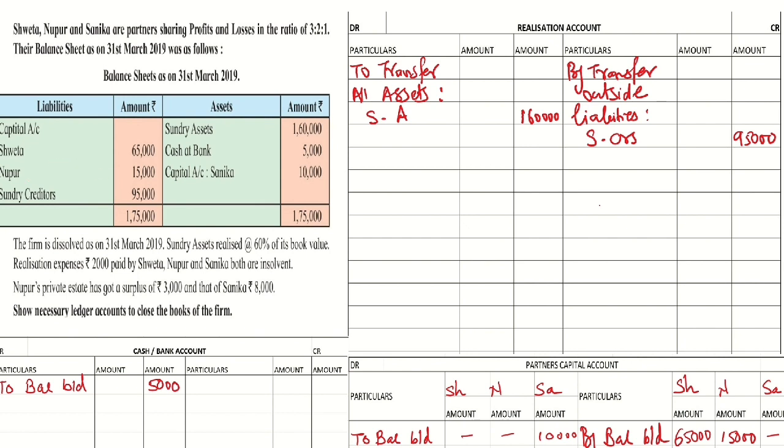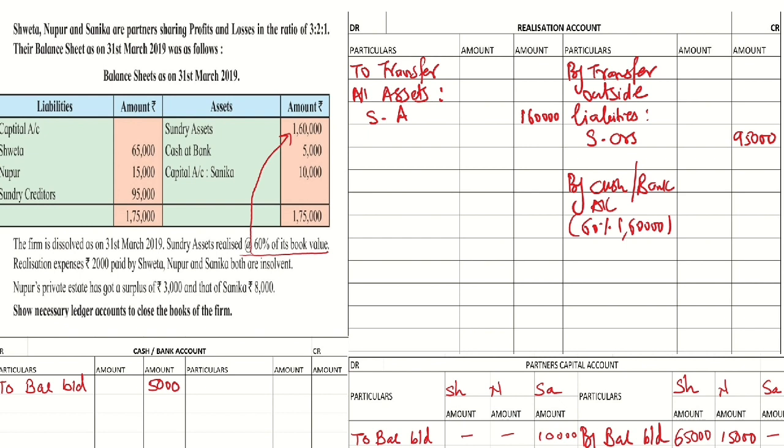Very first adjustment: the firm dissolved on 31st March 19 and the assets realized 60% of the book value. So 60% of the 1,60,000 realized, which means selling the assets, goes on the realization credit side, by cash or bank account. We'll write 60% of 1,60,000, that is coming to 96,000.